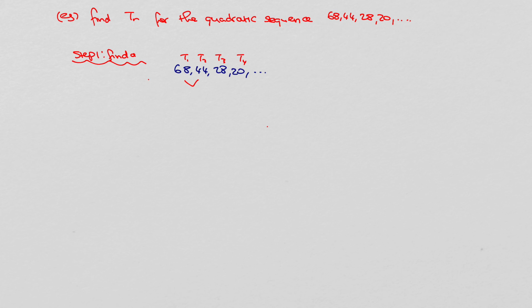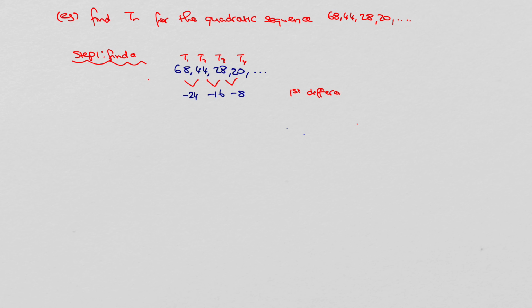So if I get the difference between each of those consecutive terms, well, we have 44 minus 68 is minus 24, because clearly this is a decreasing sequence. 28 minus 44 is minus 16. 20 minus 28 is minus 8.